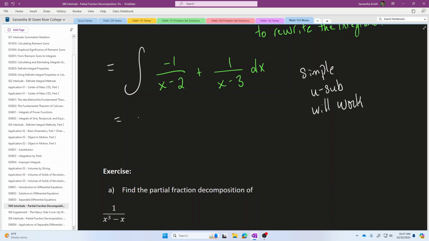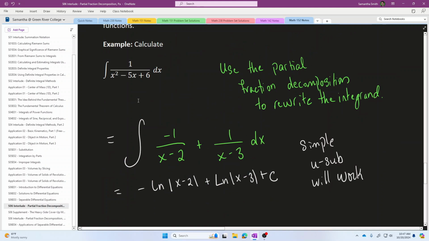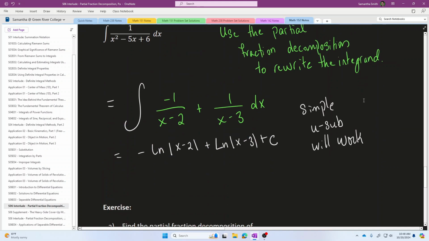If you do that, you get negative natural log absolute value of x minus 2, positive natural log absolute value of x minus 3, and then plus c, since this is an indefinite integral. Partial fraction decomposition allows us to calculate these integrals much more easily.